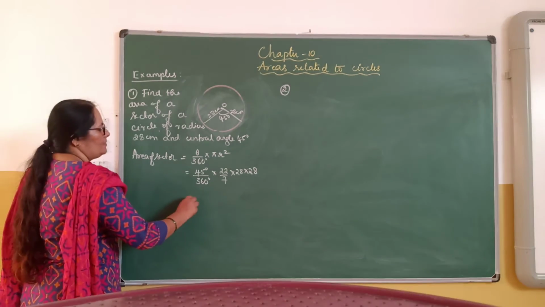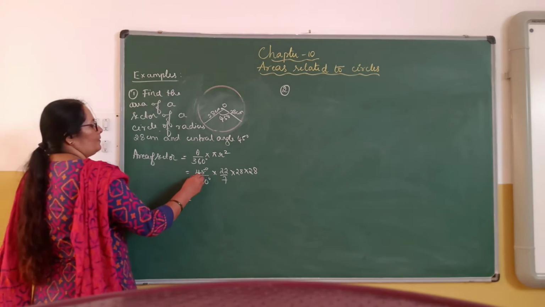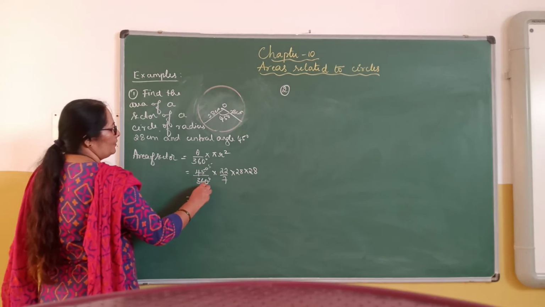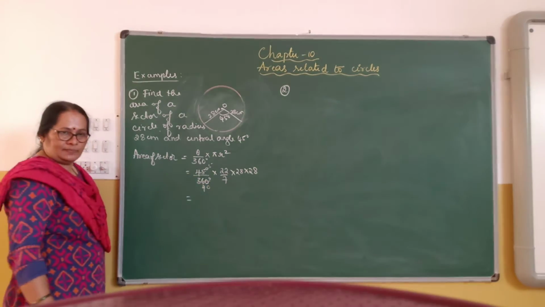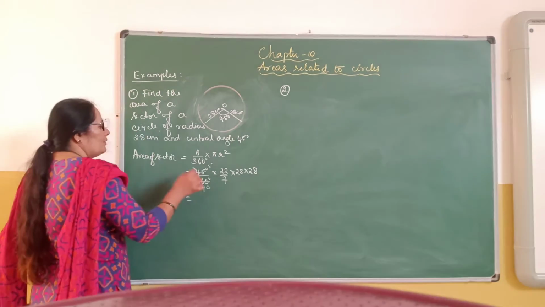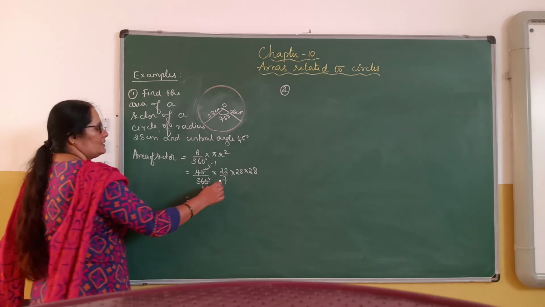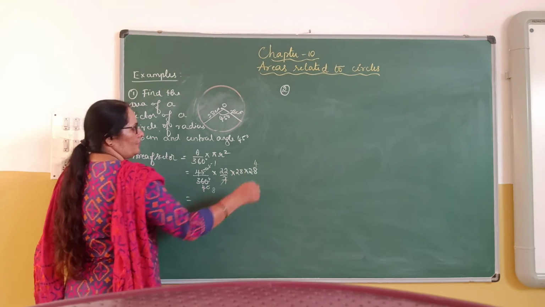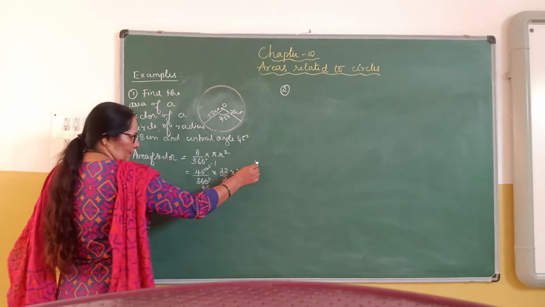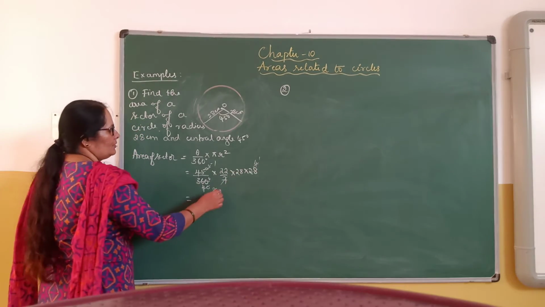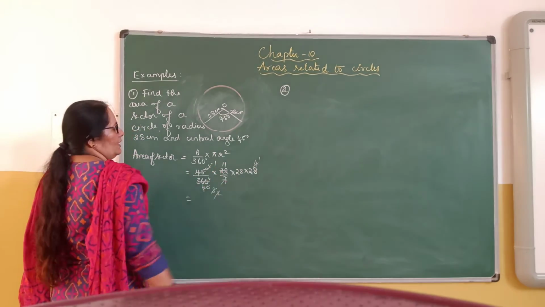Now simplify. 9 5s are 45, 9 4s are 36. Then 5 1s are 5, 5 8s are 40. Then 7 1s are 7, 7 4s are 28. 4 1s are 4, 4 2s are 8. 2 1s are 2, 2 11s are 22.